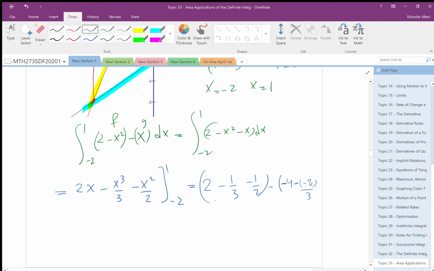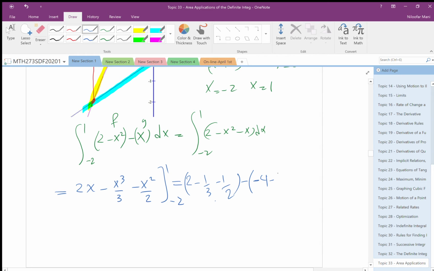And for the other one, maybe I can make this smaller in order to make more space. So this is 2 minus 1 over 3 minus 1 over 2, minus, so minus 2 times 2, which is minus 4, minus 2 cubed, that's minus 8.